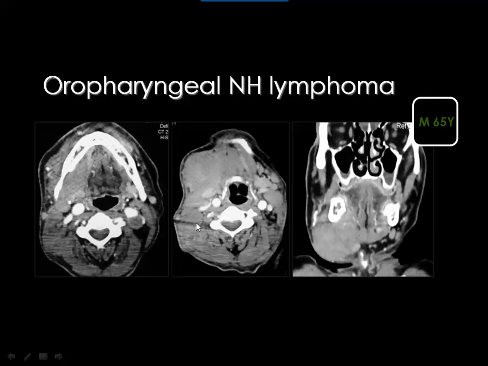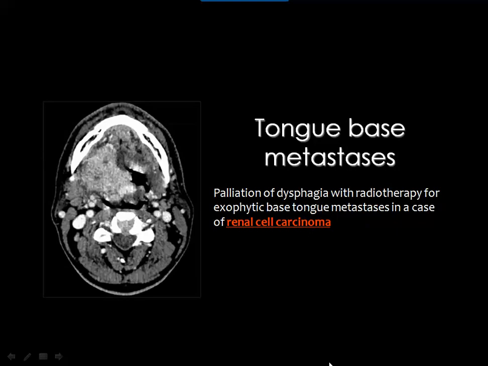And if you look carefully, you can see big lymph nodes related to the site of the lesion. And also here, this is the sternomastoid muscle, and this is a lymph node, and this is also a lymph node, and this is the third one. And here you can see the submandibular salivary gland.